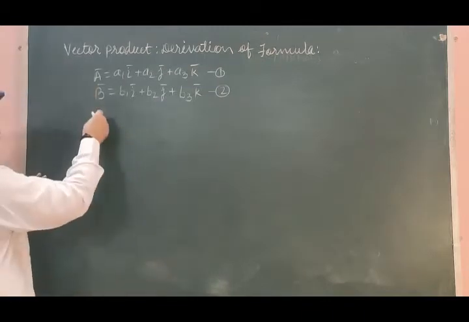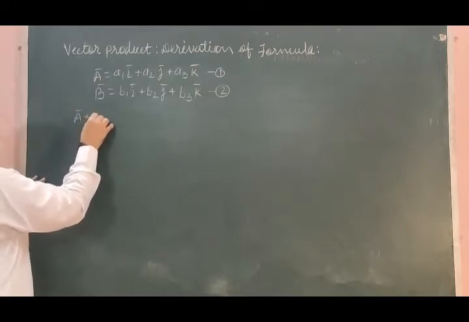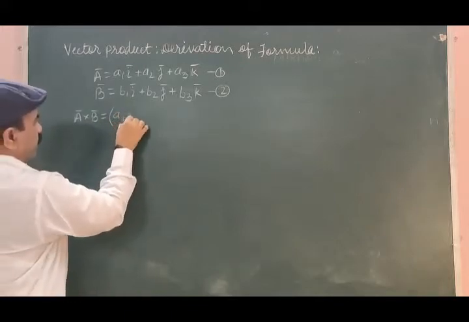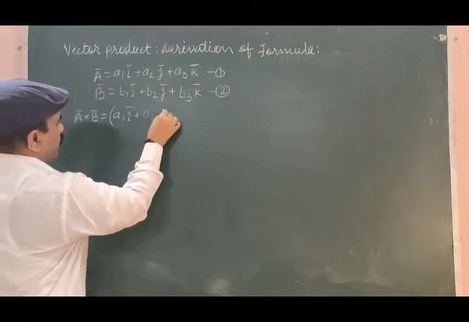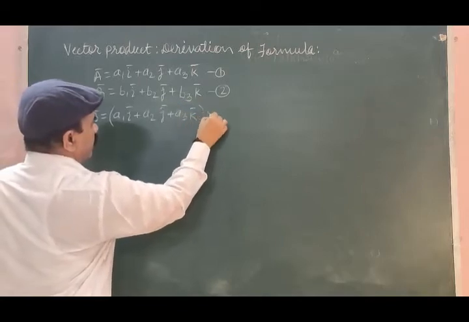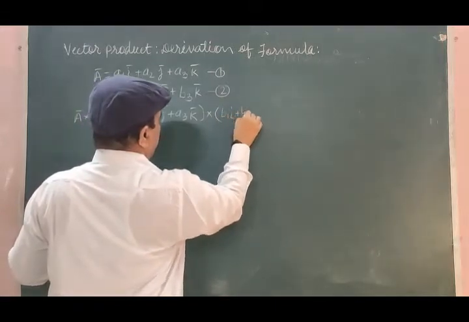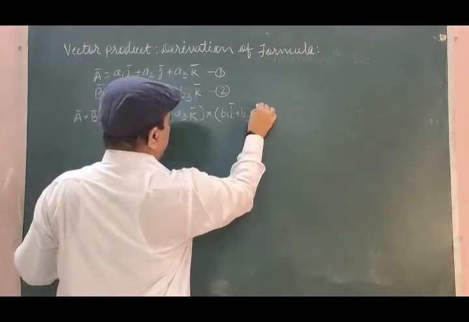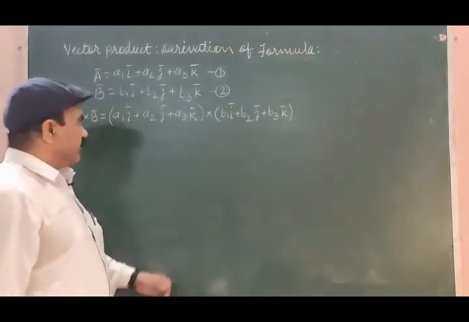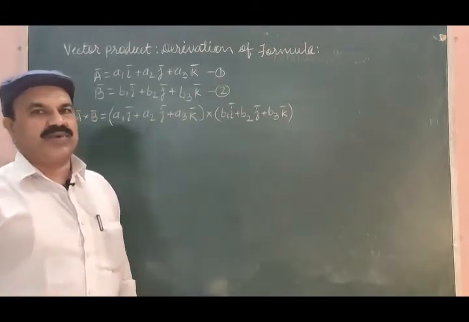Now the cross product of these two is vector A cross vector B in terms of the rectangular components.